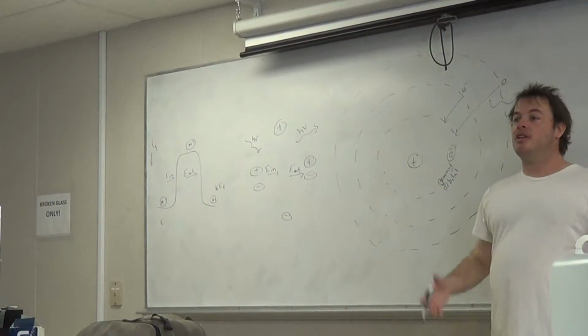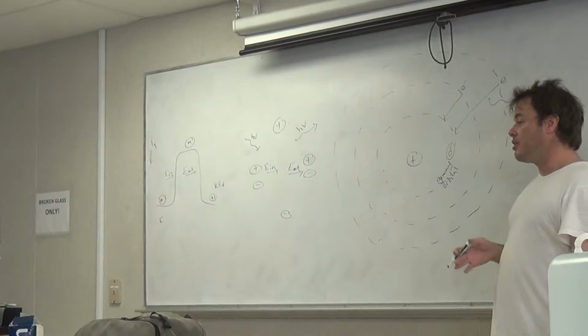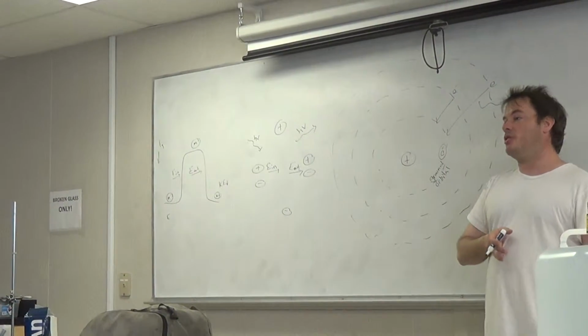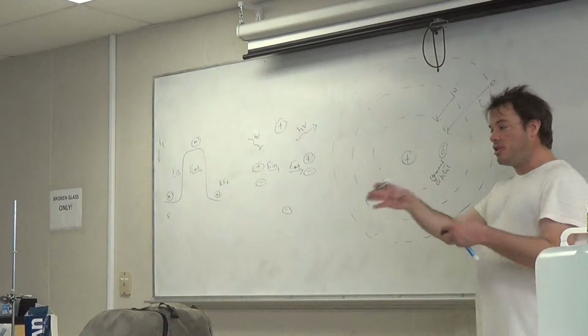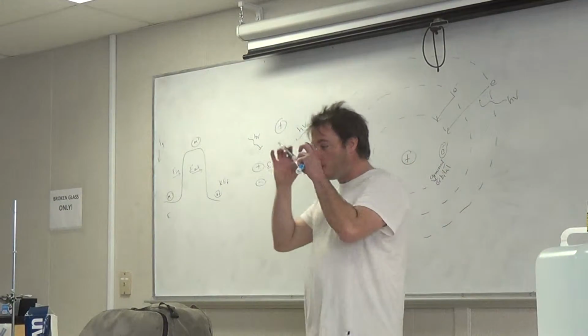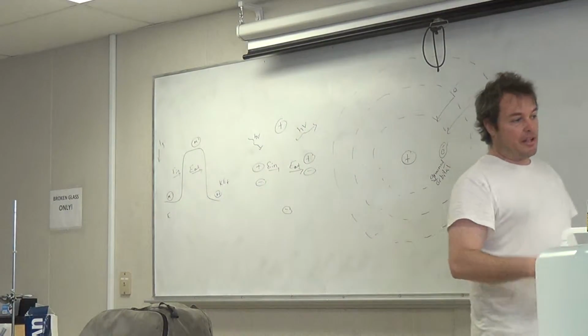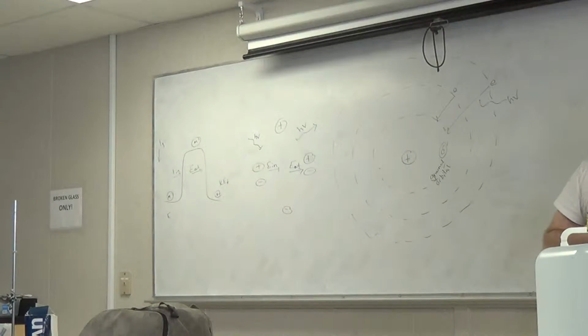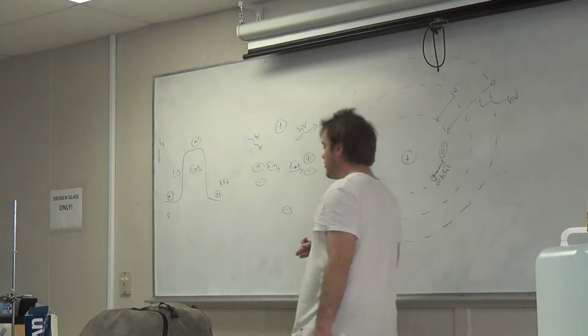And when that happens, discrete lines of emitted photons are going to be observed. You're going to see that when you look at this hydrogen discharge tube with your scope, that a series of very thin, narrow bands are observed for the emission of hydrogen.